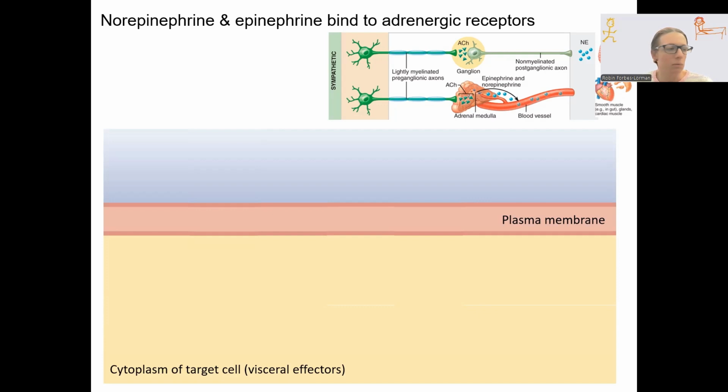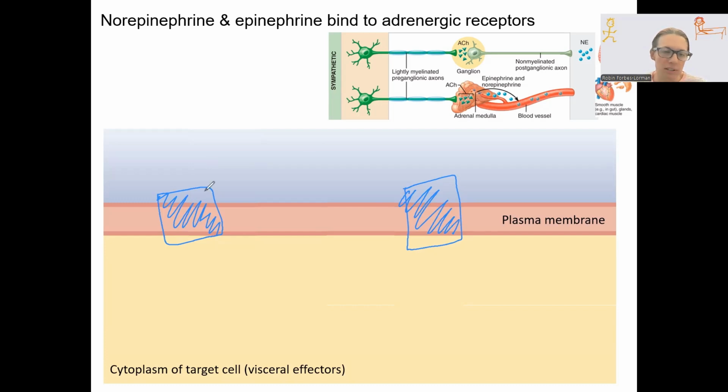And we'll choose a different color here. I'm going to draw two different receptors here. One is going to be beta, and one's going to be alpha.